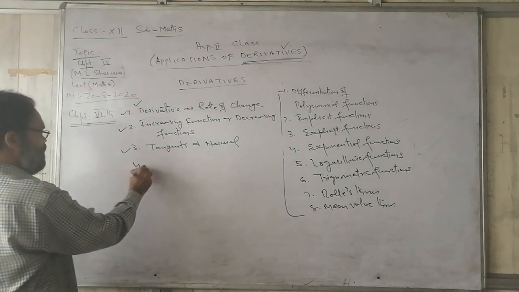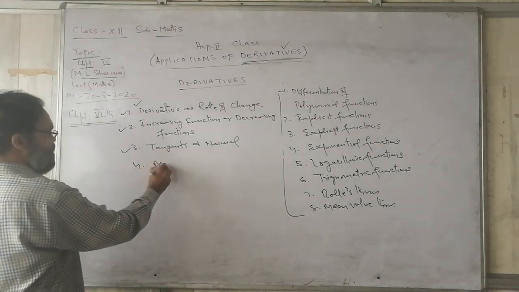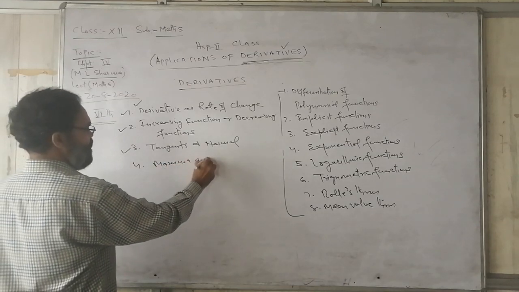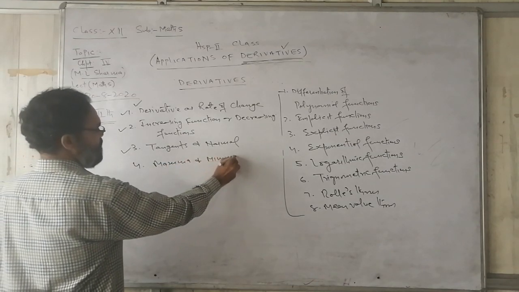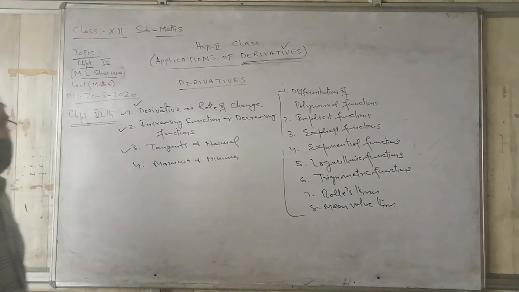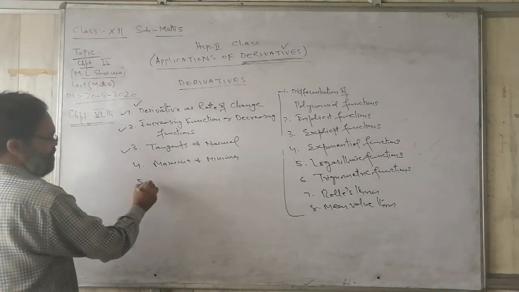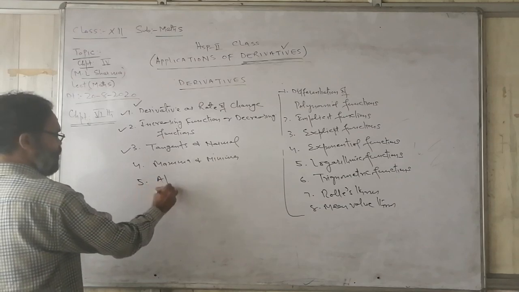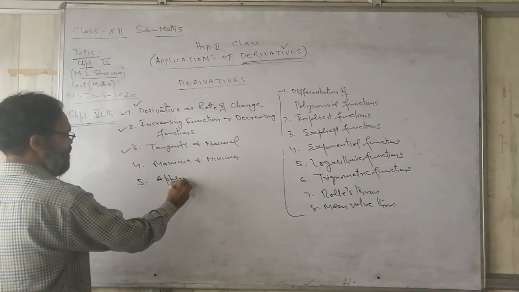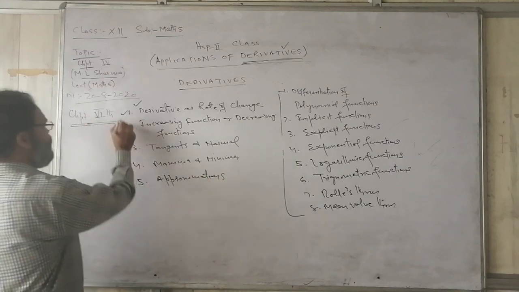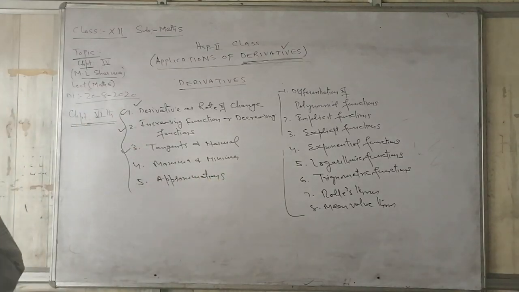Then fourth one is maxima and minima. Again, there is another exercise which we have to do, and there is another exercise, approximation. So there are 5 to 6 exercises which are the application of derivatives.